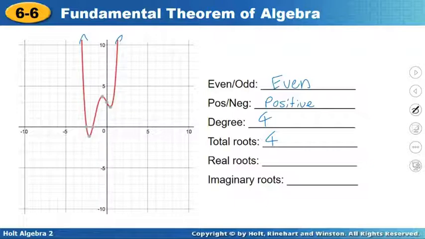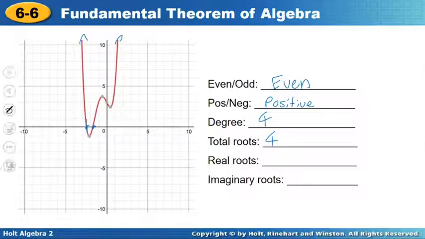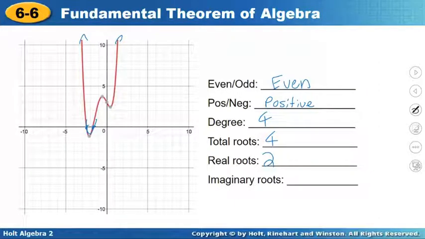So let's look. It's got 2 x-intercepts. And notice, again, neither of those are vertexes or vertices, however you want to say it. Right? It crosses it once, and then it comes back up and crosses it again. Those are 2 very independent roots. So there's 2 real roots, and then the other 2 are imaginary.